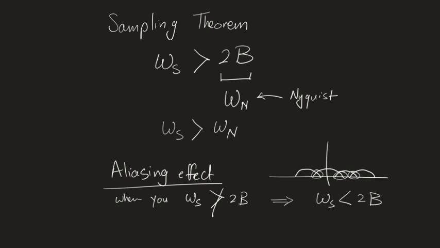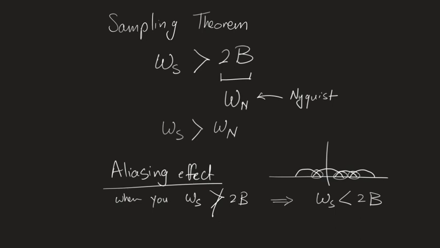The issue with equal is it's a critical situation, so we don't address it as part of the general theorem. I'll tell you why. The equal case works in some signals and it doesn't work in others. Particularly, if your continuous time signal was periodic, then if you sample at exactly 2b, you will not be able to recover the original signal.